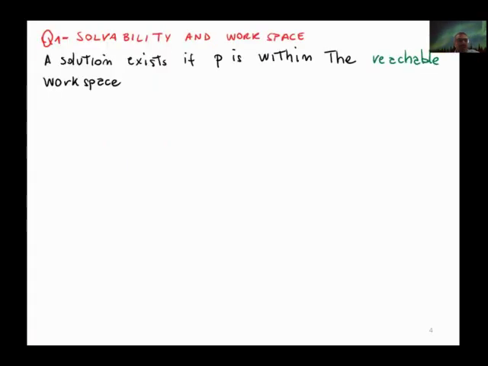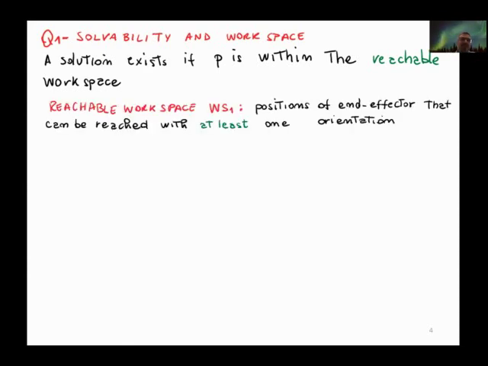Then about the question of solvability and existence of the solution. A solution exists if it is inside the reachable workspace, and we can define the reachable workspace as the set of positions of the end effector that can be reached with at least one orientation.